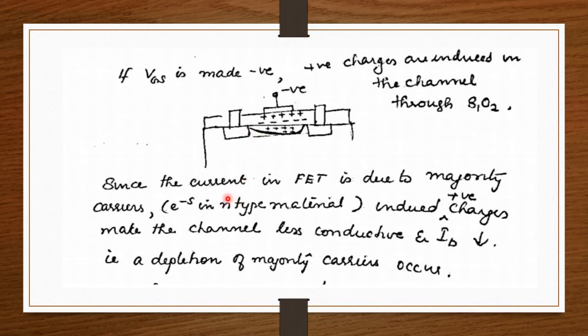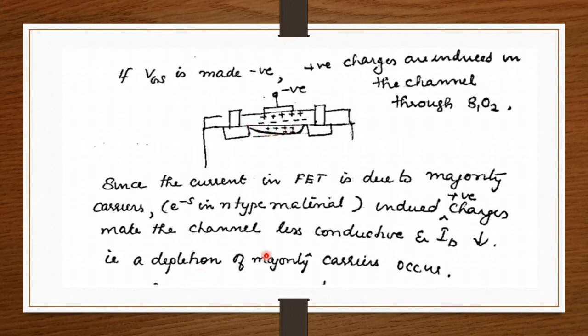The current is due to the majority carriers, electrons in the n-type material, and positive charges are induced on this n channel. So this region becomes devoid of majority carriers. Majority carriers are electrons in the n-type region. Since there is an induction of positive charges in this region, there is a formation of a depletion layer in this form.